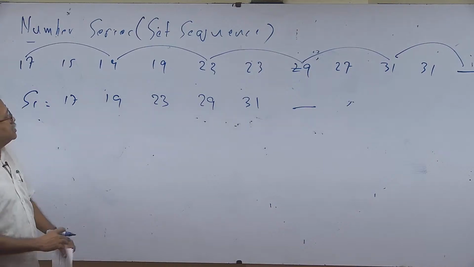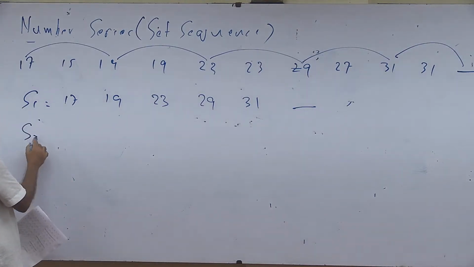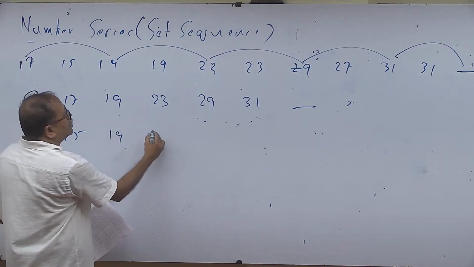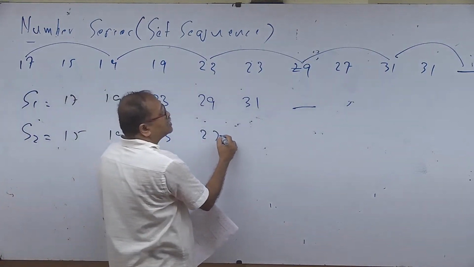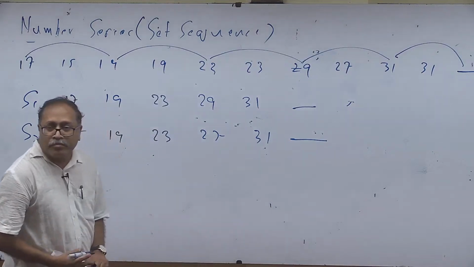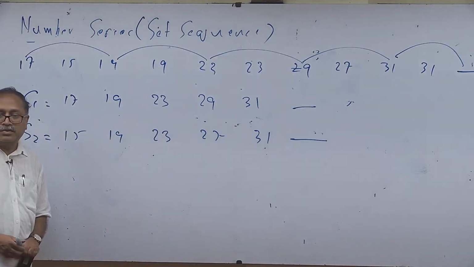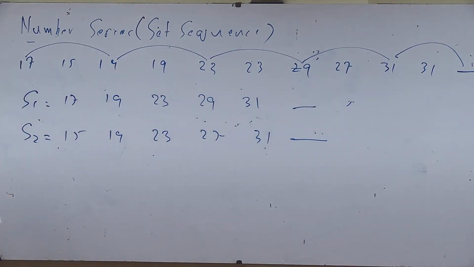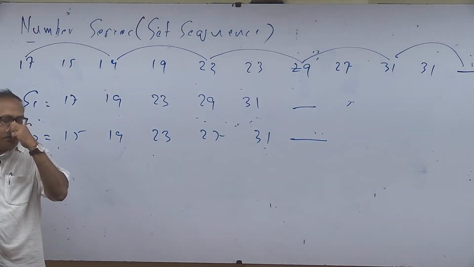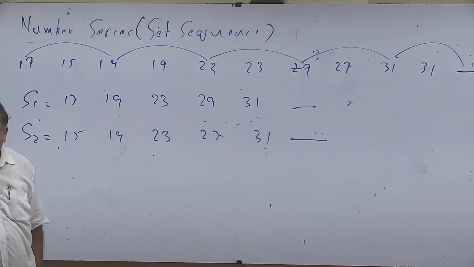And the other set is with the alternate numbers, set 2, and that is 15, 19, 23, 27, 31 and dash. Identify the relation in the first sequence, you get the first number there.